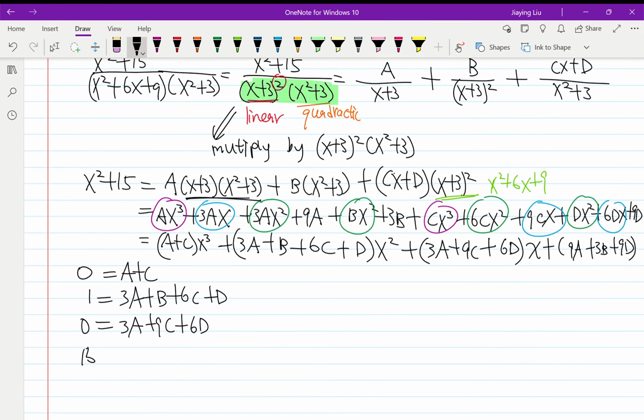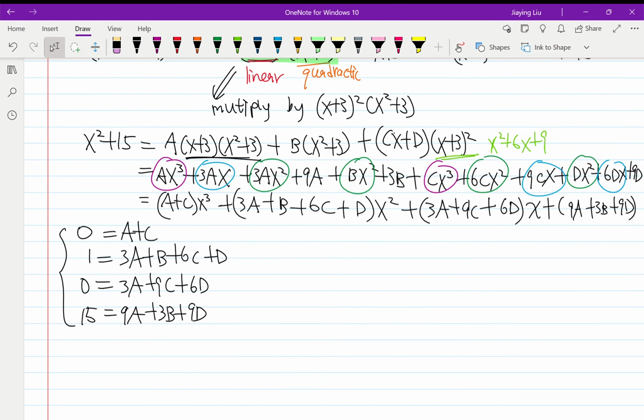So 15 must equal 9a plus 3b plus 9d. So we end up with 4 equations, which is good because we had 4 unknowns that we were solving for, a, b, c, d. If you end up with 4 unknowns, but you only have 3 equations, that means something is not right.